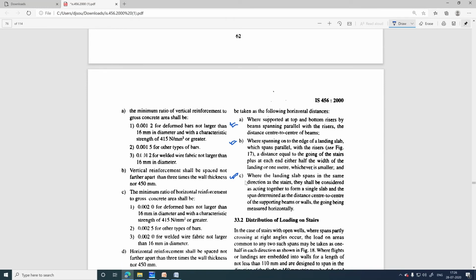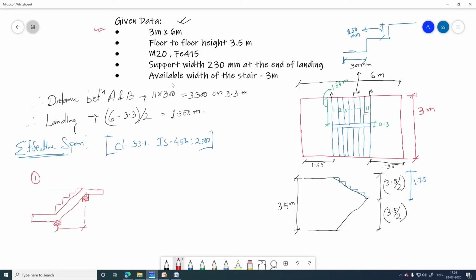Now the third one, where the landing slab spans in the same direction as the stairs, and they shall be considered as acting together to form a single slab, and the span determined as the distance center to center of the supporting beams or walls, the going being measured horizontally. This condition is given in our problem. Here you can see the support width is given, that is 230 mm at the end of the landing.